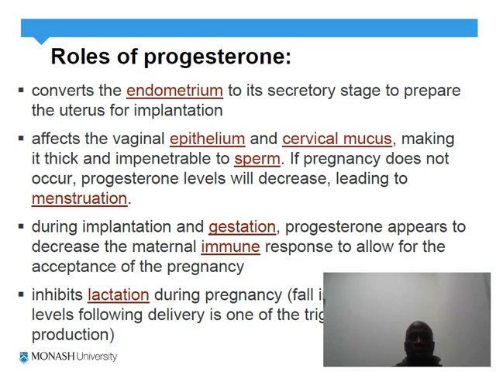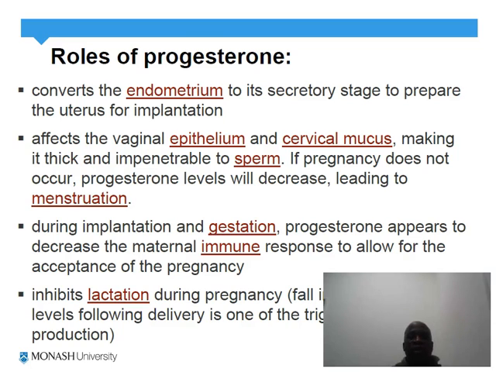I would bluntly put it that way, so that you can remember it easily. Progesterone is a pregnancy hormone, and once released, it prepares the uterus, the endometrium, for implantation, for the establishment of the fetus.